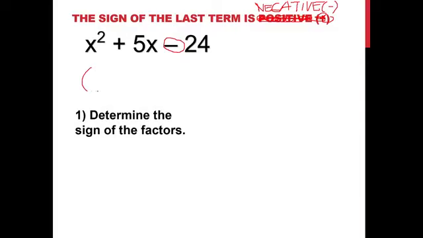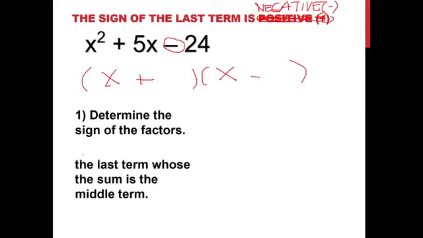You are given plus minus, therefore the sign is also plus and minus. Let's write the variable x first. Okay, so take note, this is a difference now because the last term is minus. So I'm going to be getting the difference of the factors.